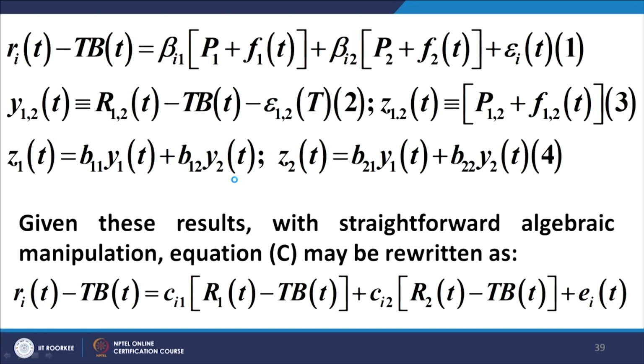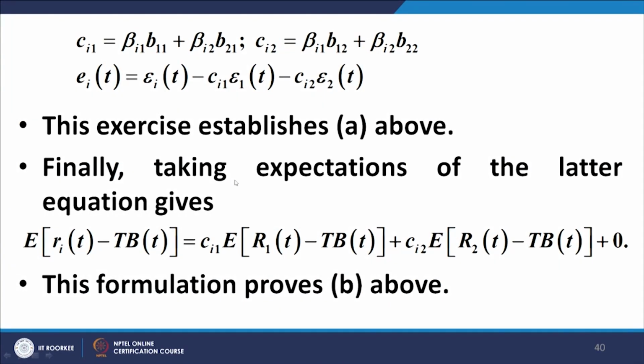So, given the sequence of inputs that I elucidated just now, we can easily obtain the expression for R_it in terms of the returns on portfolio 1 and portfolio 2, and of course, an error term, e_it, which is given in the bottom equation on this slide, where c_i1 is equal to the expressions given in the top equation on the slide, and e_it, which is the error term, is given by the second equation here.